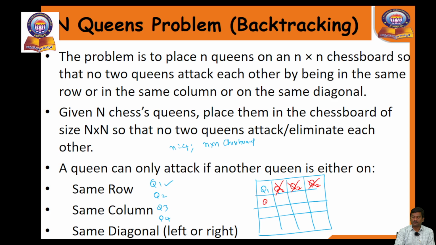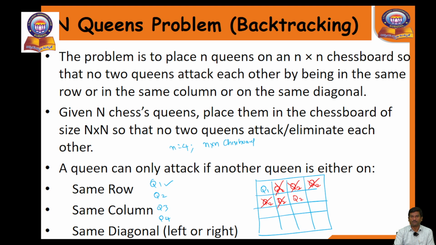The next queen cannot be placed in the same row, the same column, or the same diagonal. Queen 2 can be placed here, but even if you place it here, this is not a feasible solution.